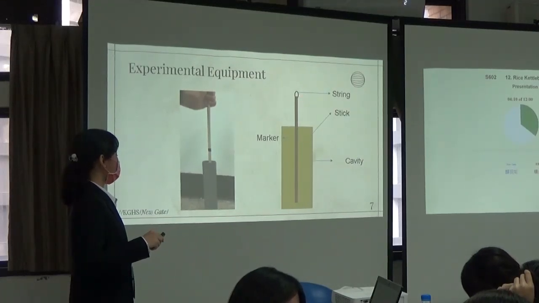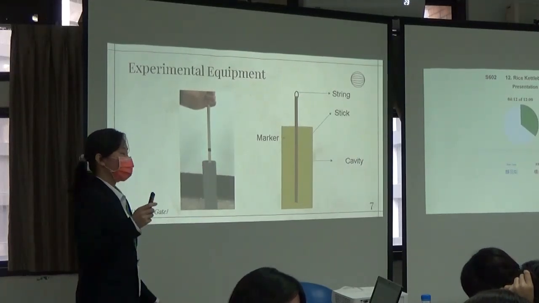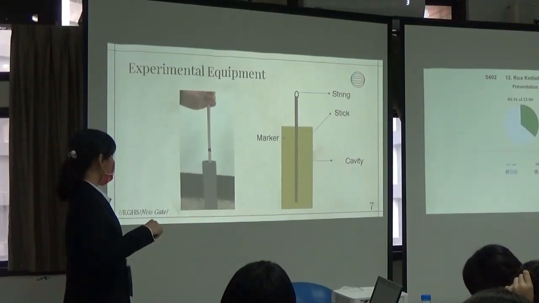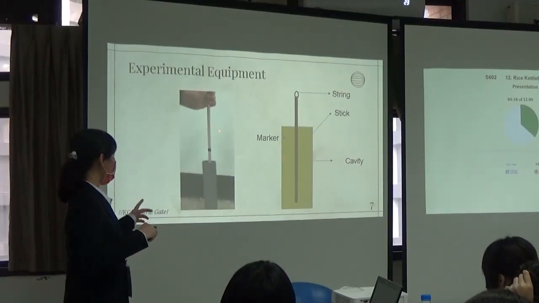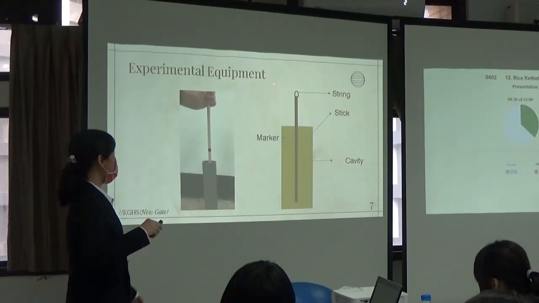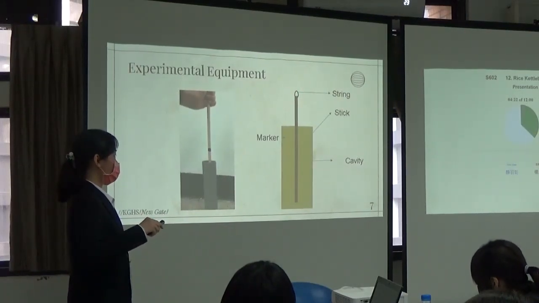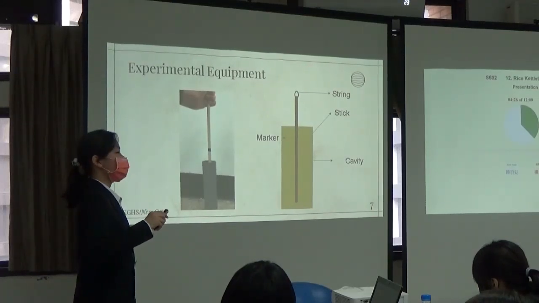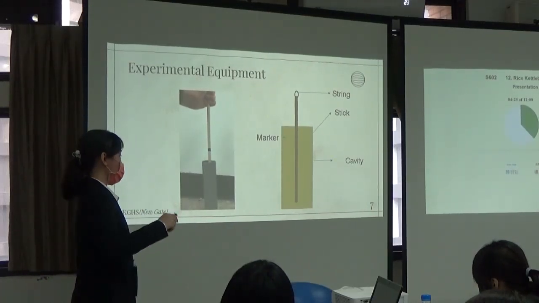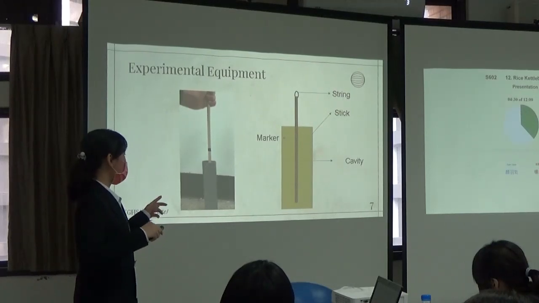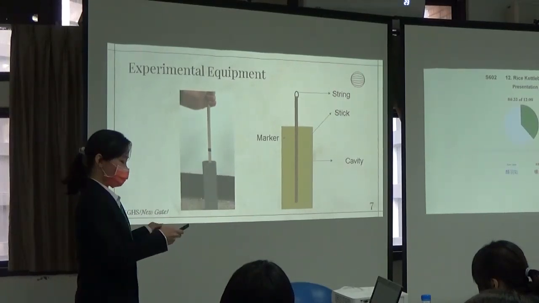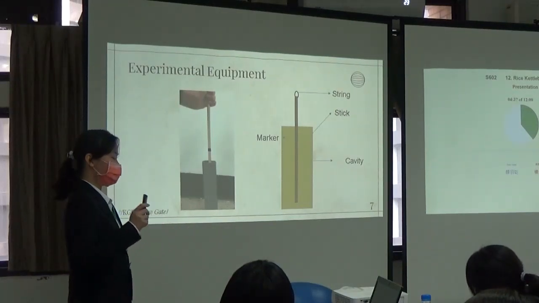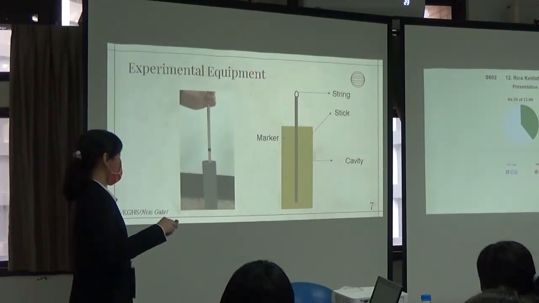The way that we calculate Fs max, the friction, is that we put the stick inside the vessel and have a spring up here, and we can calculate how much force we actually use to pull the stick out of the vessel. So we can know how much friction it actually has, and the maximum friction that this system would give.